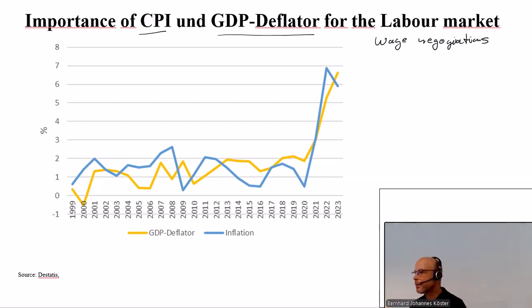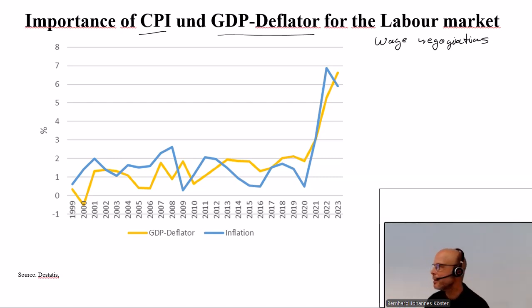And then when we talked about prices, we said, well, if I have 1,000 euros today, and we have a price increase of 3%, then in the future I can buy less with the same 1,000 euros.